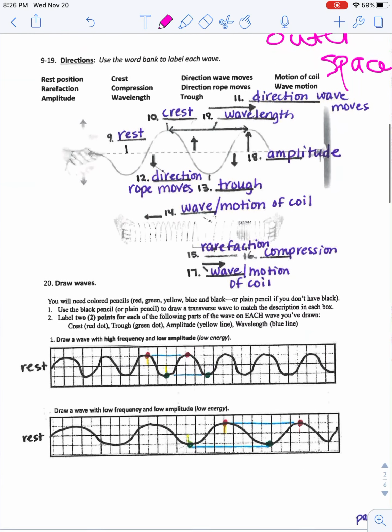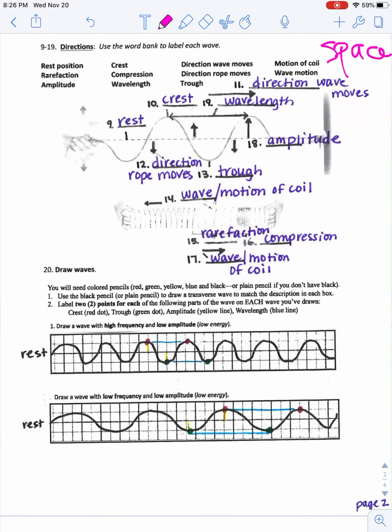Okay. So here, what you are going to need to be responsible for on your test is being able to look at a picture and being able to tell what part of the wave is being shown. So the big ones are going to be your crests and your troughs, the high part and the low part of your wave.